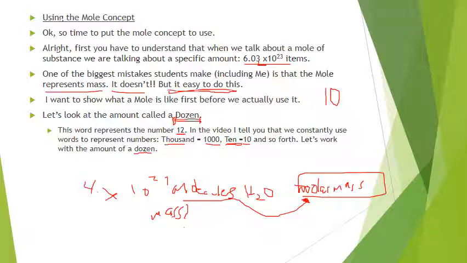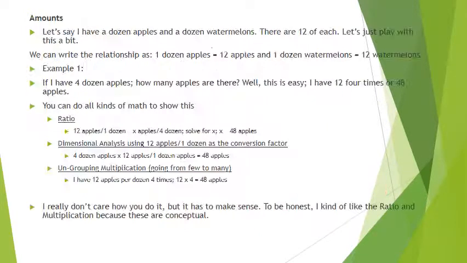So let's play around with a dozen. A dozen is an amount, and you really have to understand that. It's not a mass, it's just a relationship to an amount of material. So a dozen apples and a dozen watermelons are both 12. A dozen is a dozen.